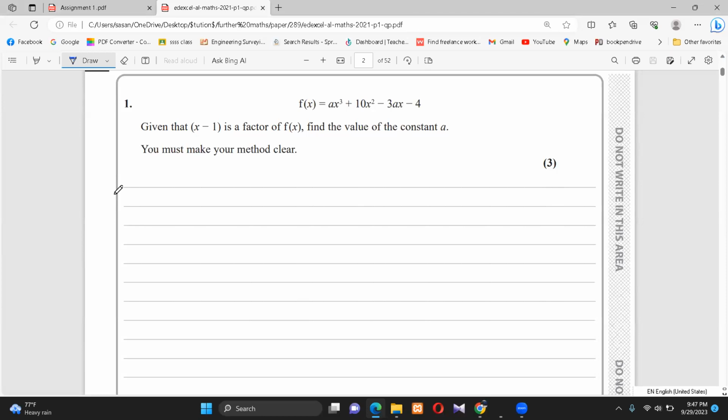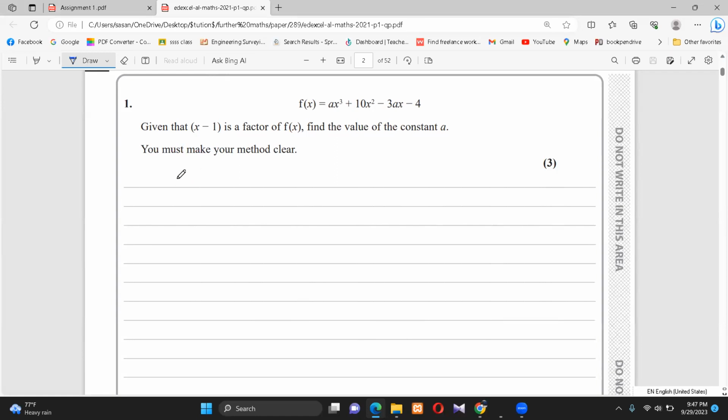First we have surds and rationalizing denominators, and after that quadratic functions and equations, and then polynomial functions and factor theorem and related theorems like that.